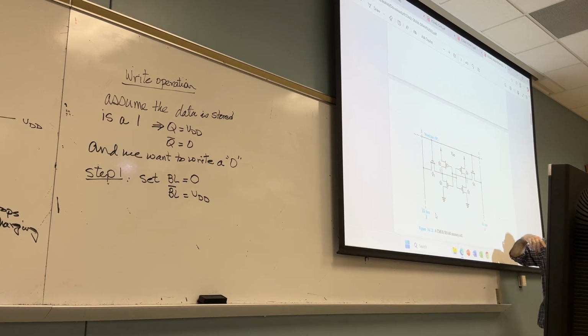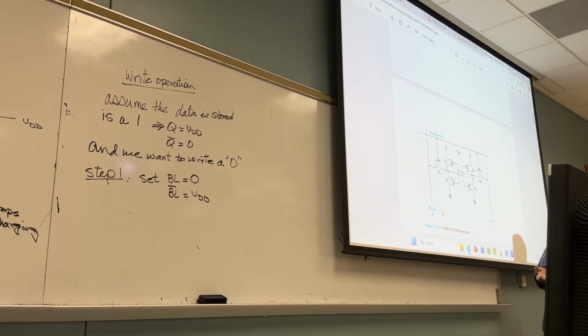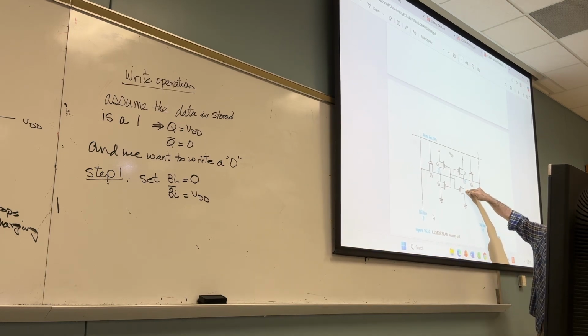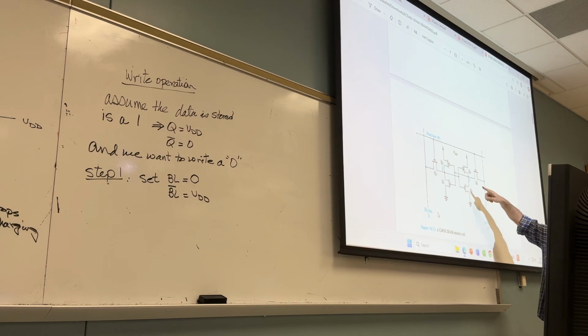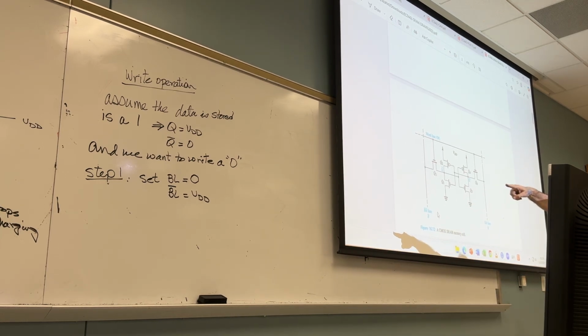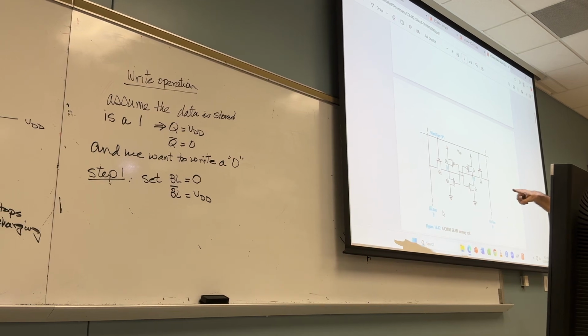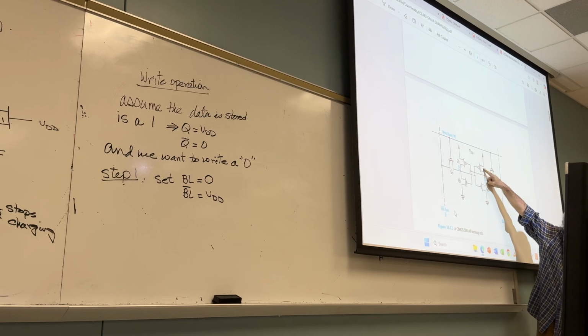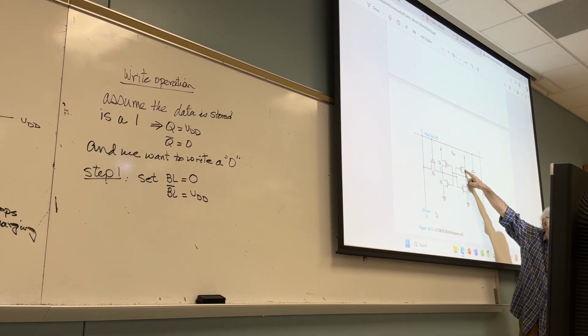I want you to tell me what I want. First of all, is your current going to go here? Yes, it is going to. And what is Q bar? Q bar equal to 0. Remember, what is stored is 1. What is Q bar? 0. Which means, what can you tell me about this one? On. Do you follow me or not?